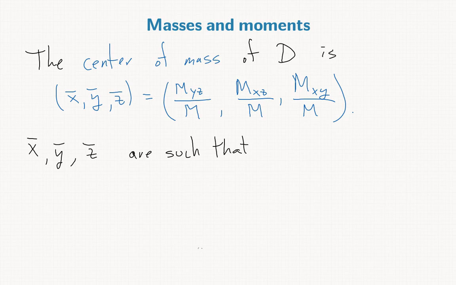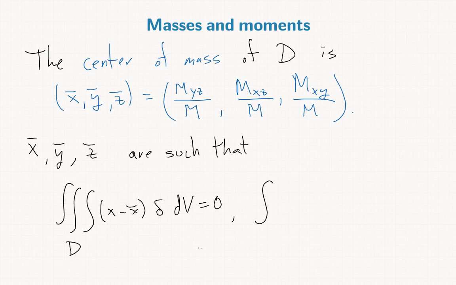But these are such that the integral of (x minus x bar) delta dV equals 0, the integral of (y minus y bar) delta dV equals 0, and the same for z.